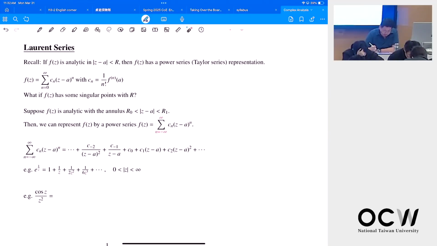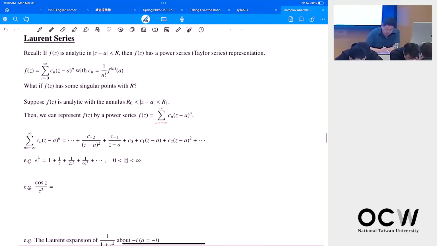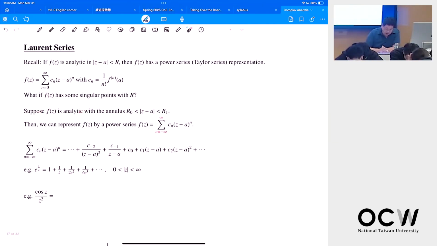For the Laurent series, we remember that f of z, this complex function, is analytic here in this region, and we have the power series or Taylor series representation. But what if this function has some singular points in this region? Then what should we do? We need to consider the complex function with an annulus, like a donut.